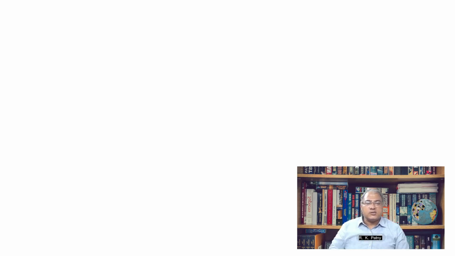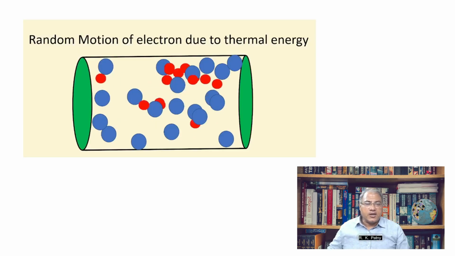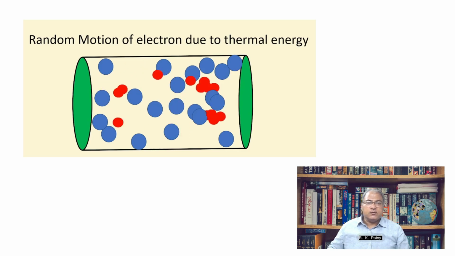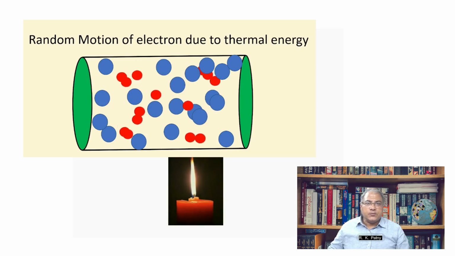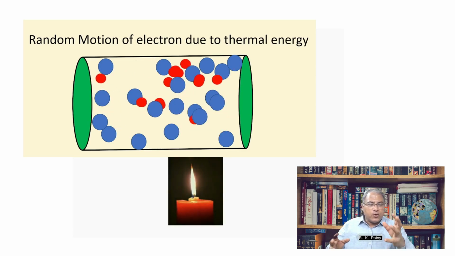Why are the electrons moving? Because we are heating the metal strip. When you heat the metal strip, free electrons acquire some energy and keep on moving from one point to another. But while they are moving, they are attracted by the positive ions.